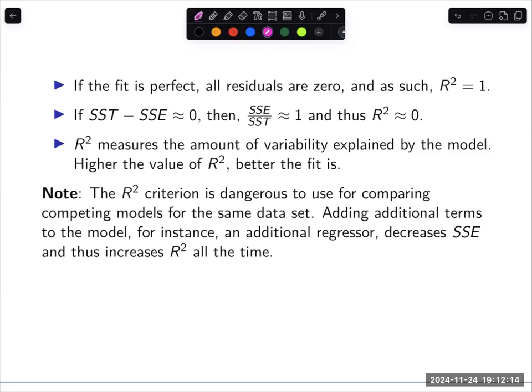Because by adding more terms into the linear model, we always decrease the sum of squares SSE, so R squared is going to increase all the time, even though the additional regressor does not explain anything significantly. That's the reason why we should be very careful about simply using the R squared criterion to select the model.